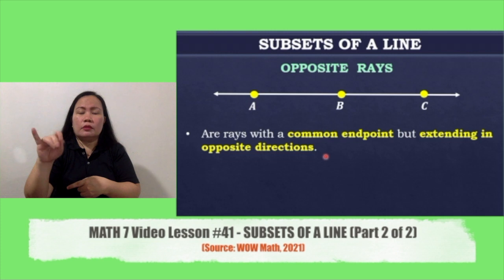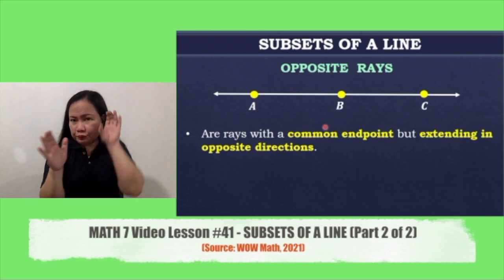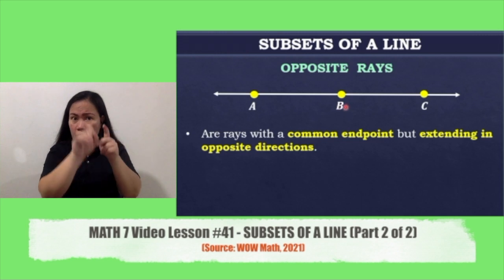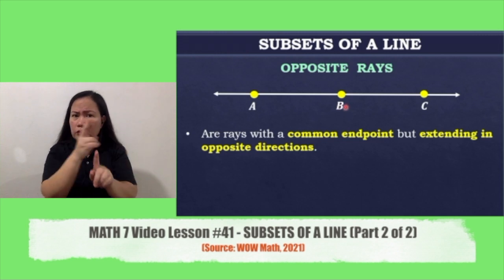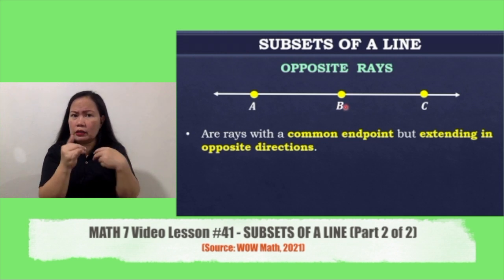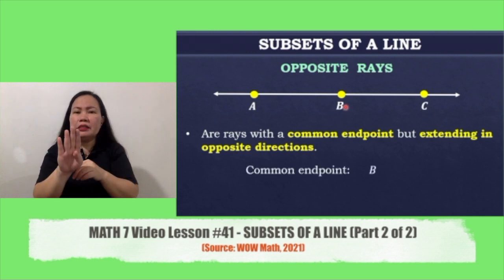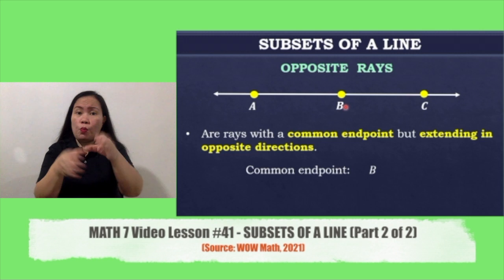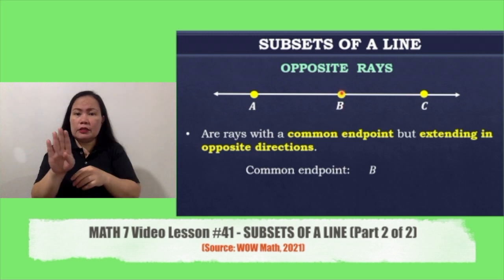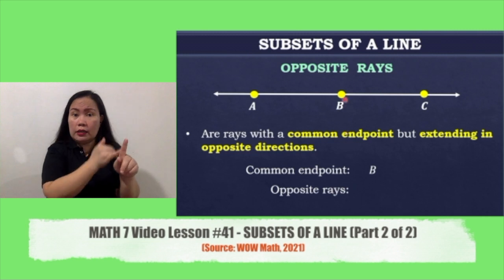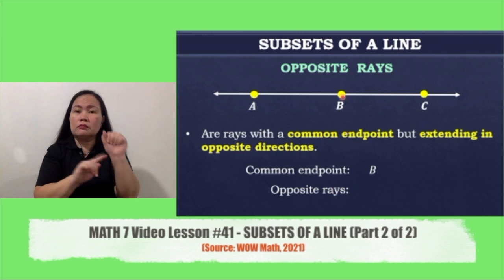So, halimbawa, etong figure na to, ano ba ang common endpoint nila? Ano ba yung dalawang rays dito na sa tingin mo magkakaroon sila ng common endpoint? So, the common endpoint here is B.